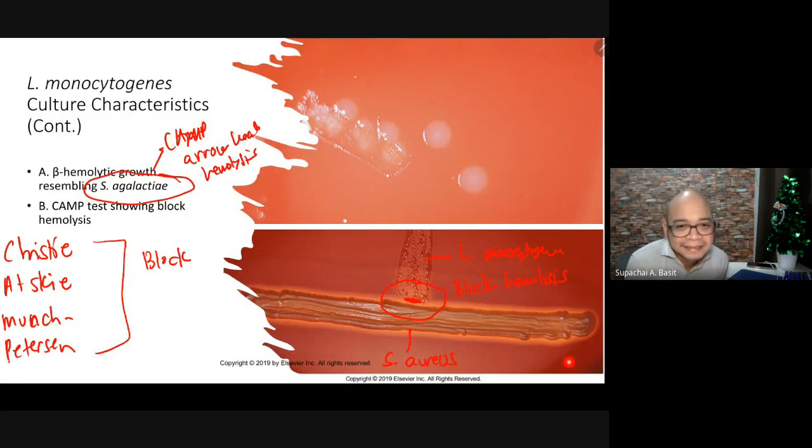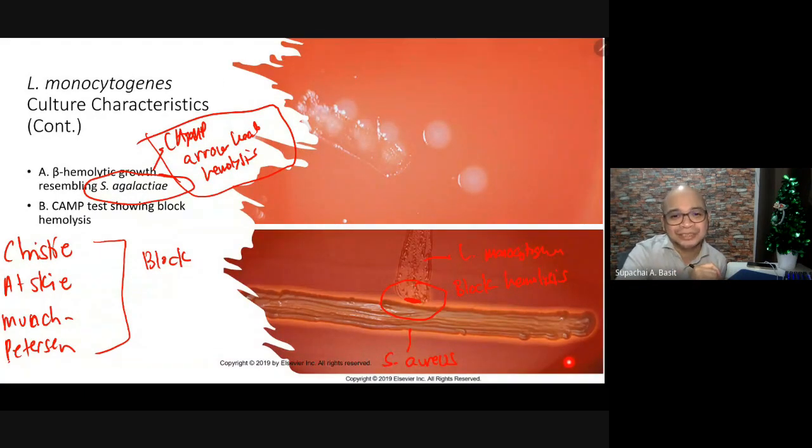That is the characteristic of the CAMP test for Listeria monocytogenes. If you want to know more about arrowhead hemolysis, I discussed it under Streptococcus, but for Listeria monocytogenes, it is called block hemolysis.